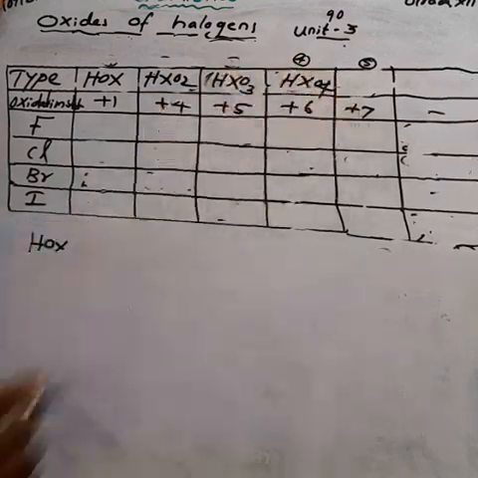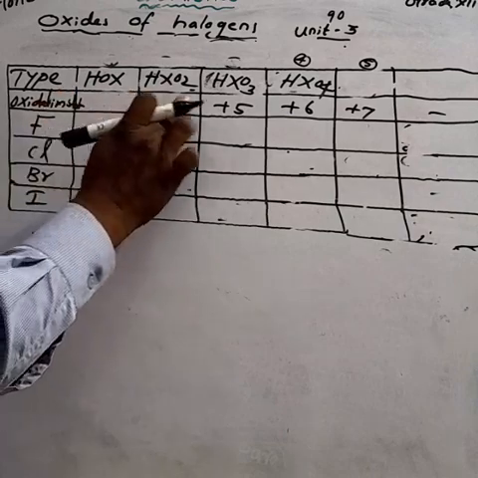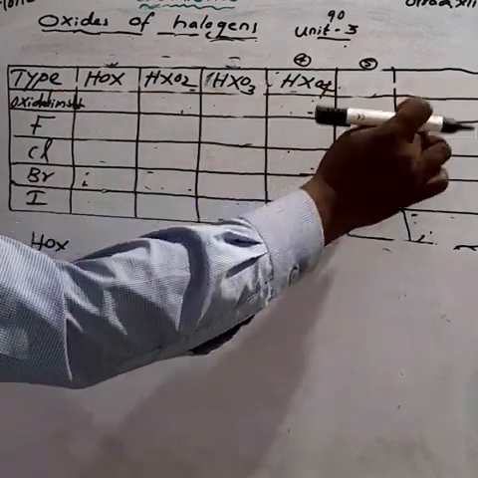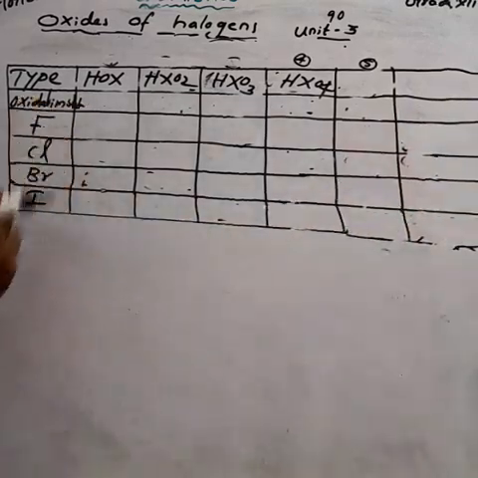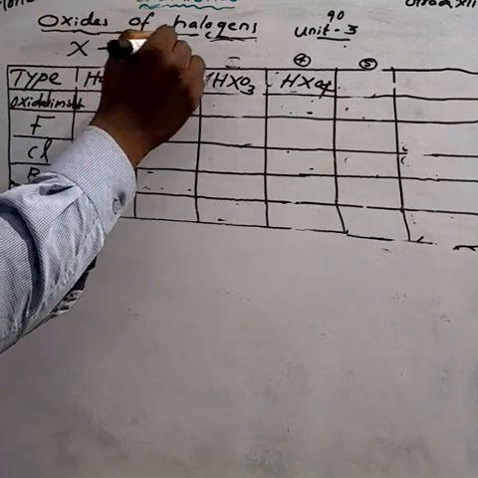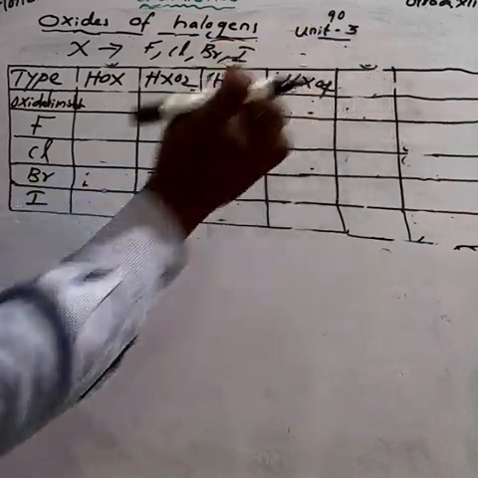These are the types: HOX, HXO2, HXO3, HXO4. Here, what about the X? X refers to whether it may be fluorine or chlorine or bromine or iodine.